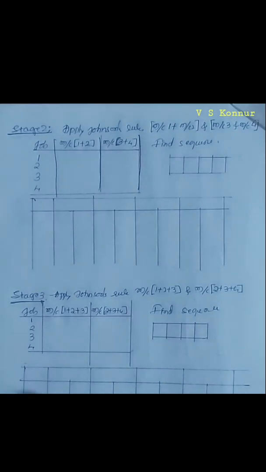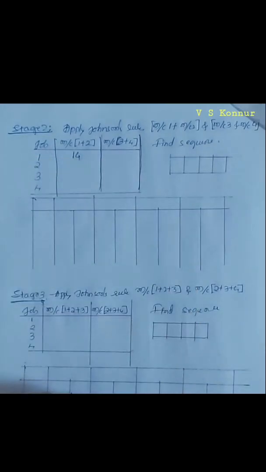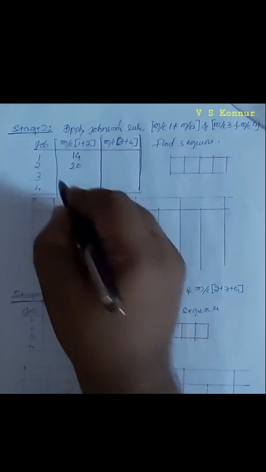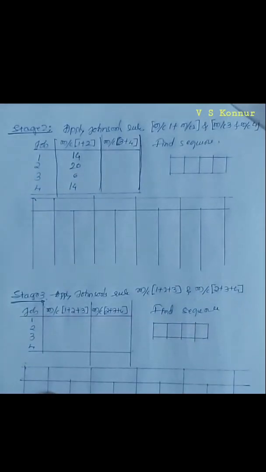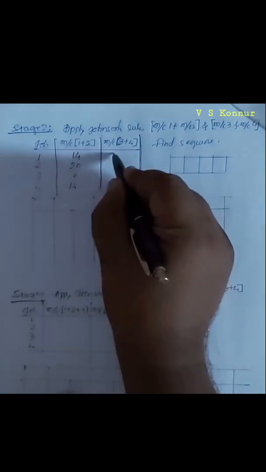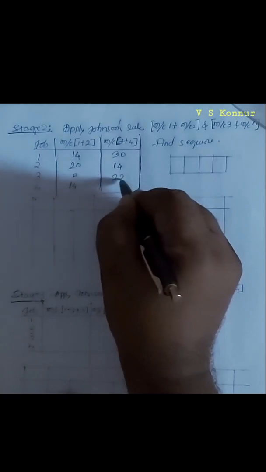M1 plus M2: 14, 20, 6 and 14. You have to add the time of machines M1 and M2 for all the 4 jobs. Next, M3 and M4 you have to add: 30, 14, 22 and 10 you will get.